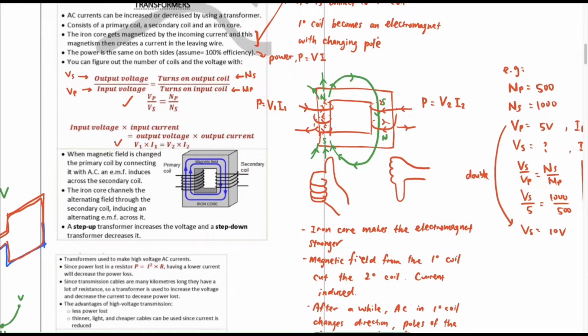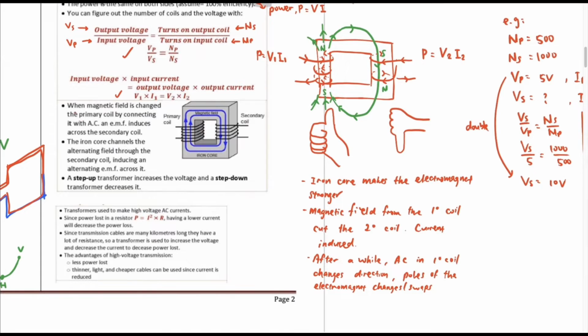Very important. Okay, now let's see more information here. The magnetic field is changed because you are using alternating current. Alternating current keeps changing directions, and hence the north pole and south pole will keep changing as well.